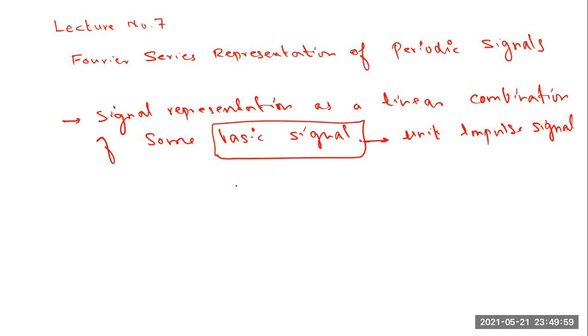And we found that any continuous time signal or any discrete time signal can be represented as a linear combination of unit impulse signals.